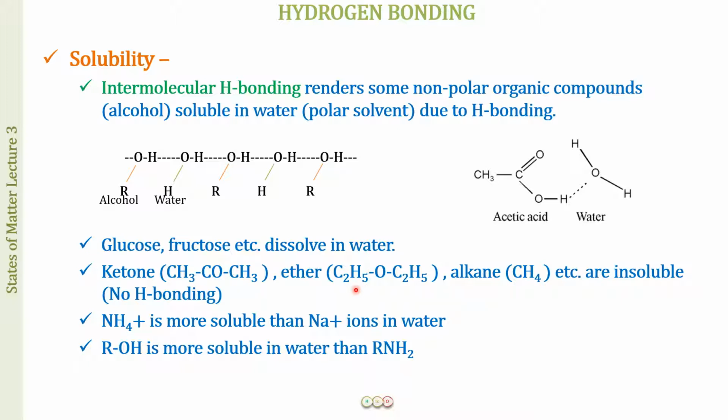Similarly, we have ether. Again in ether, the hydrogens are covalently bonded to carbon. In alkane, again a carbon-hydrogen bond. So these molecules do not have hydrogens participating in hydrogen bonding. Therefore, they are going to be insoluble in water.